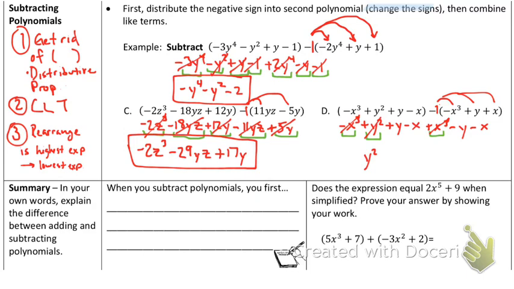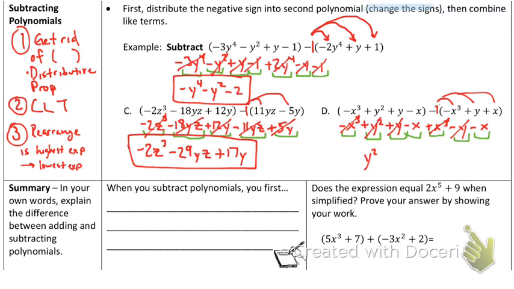Move on to the next term, which is just y, and we have y here, so it's positive 1 and negative 1. They will then cross each other out again. They turn into 0y, or they disappear. And we move on to the next term, negative x and negative x.